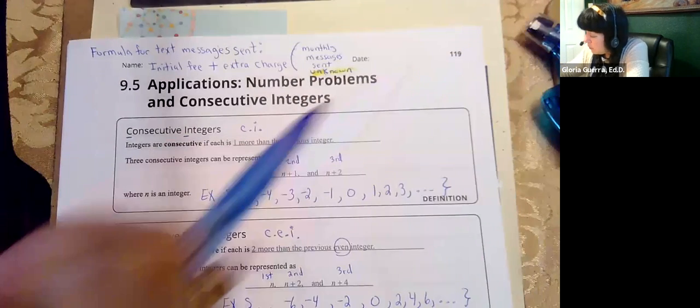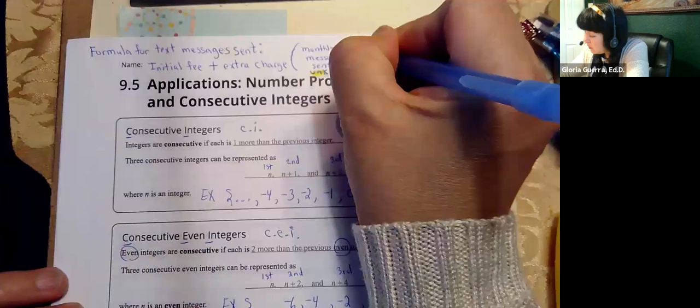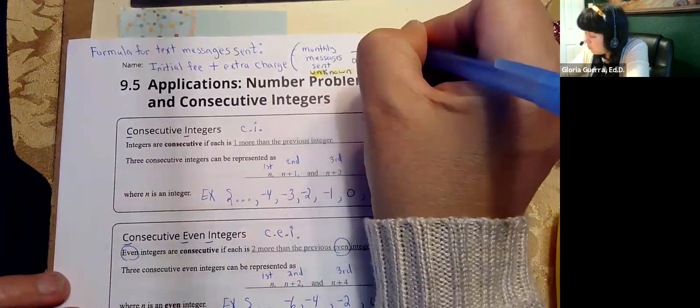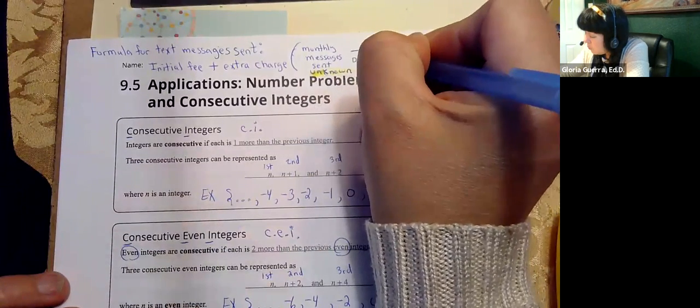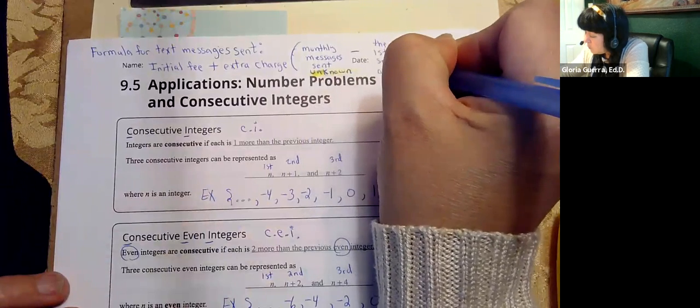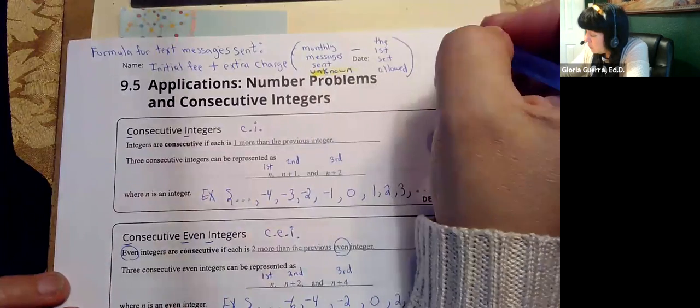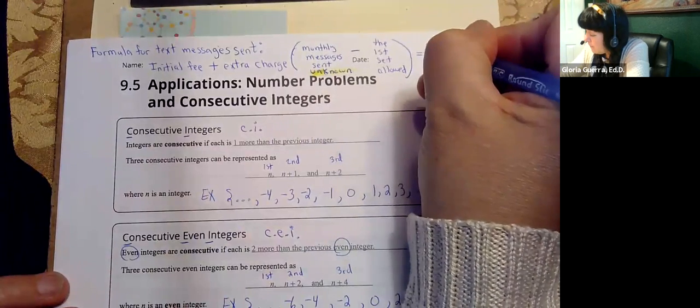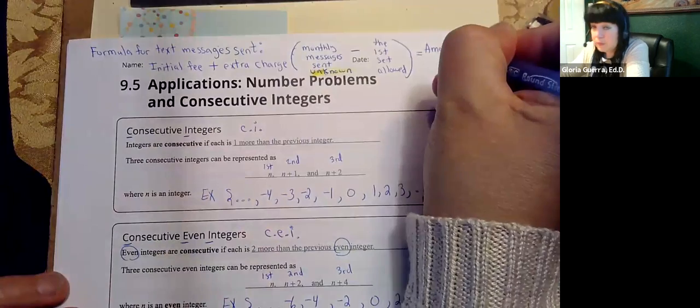And then we're taking away the first set allowed. Close the parentheses and equals the amount. Okay.